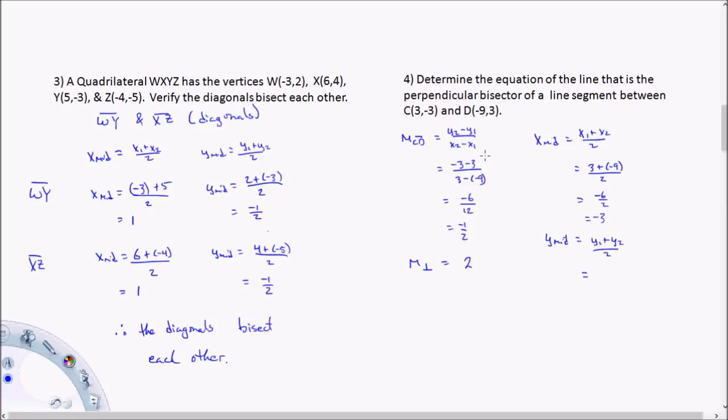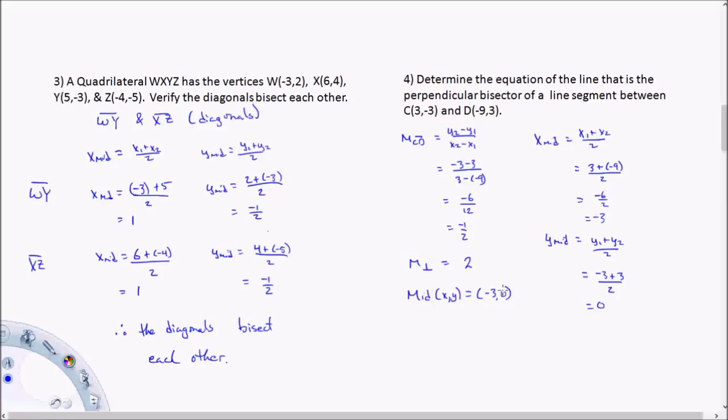So for C and D, we would have negative 3 plus 3 over 2, which is 0, because negative 3 plus 3 is 0. 0 over 2 is still 0. So the coordinates of the midpoint, maybe I'll write it here, we'll use MID, xy for the midpoint of our line segment, is located at negative 3 comma 0.